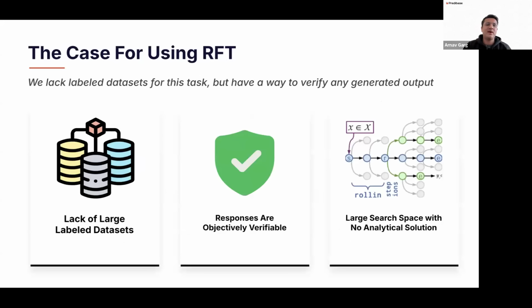That's where a task like this is now possible through this new idea of reinforcement fine tuning. And here's why this task in particular is a really good fit. The first is that we obviously lack a large data set with input and output pairs, so it's labeled. But with reinforcement learning, because it's an online algorithm, I'll show you what that means in a moment.